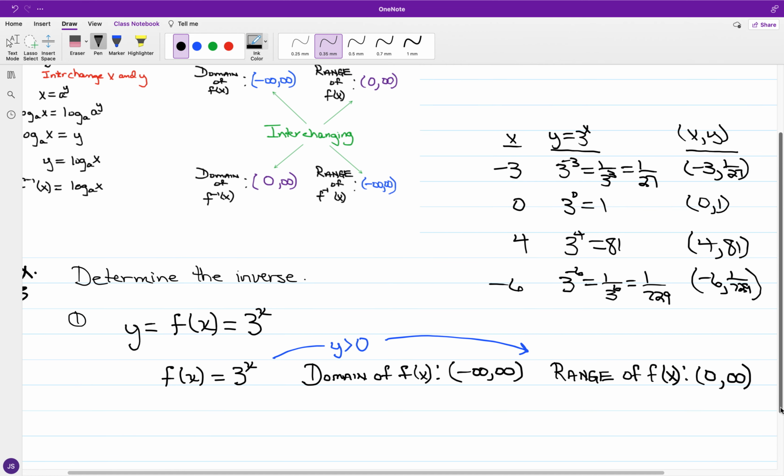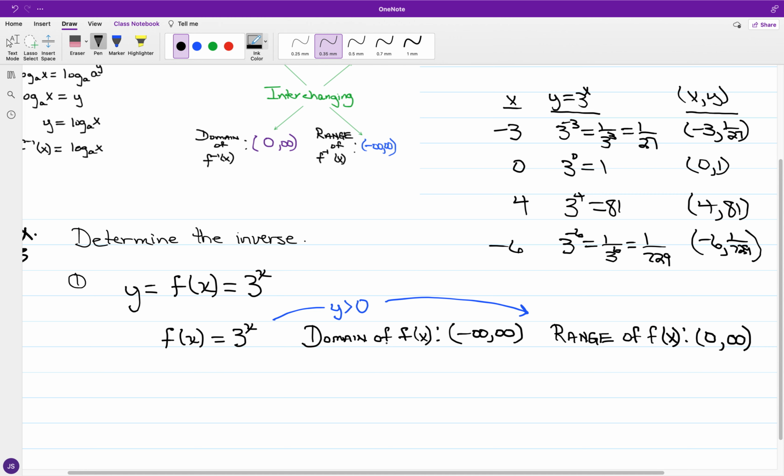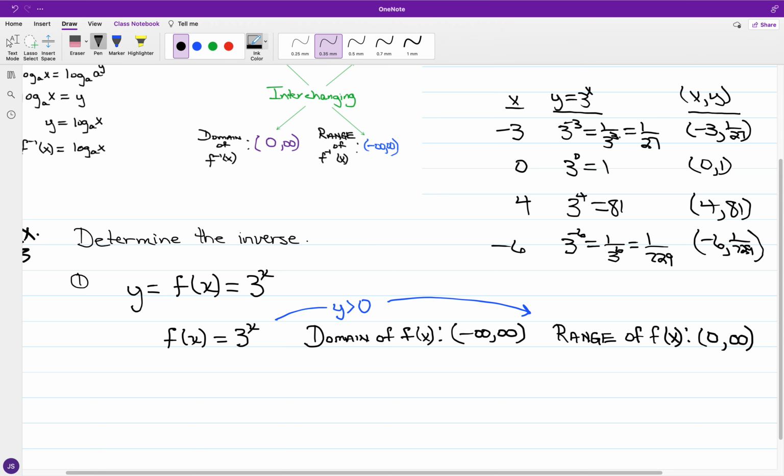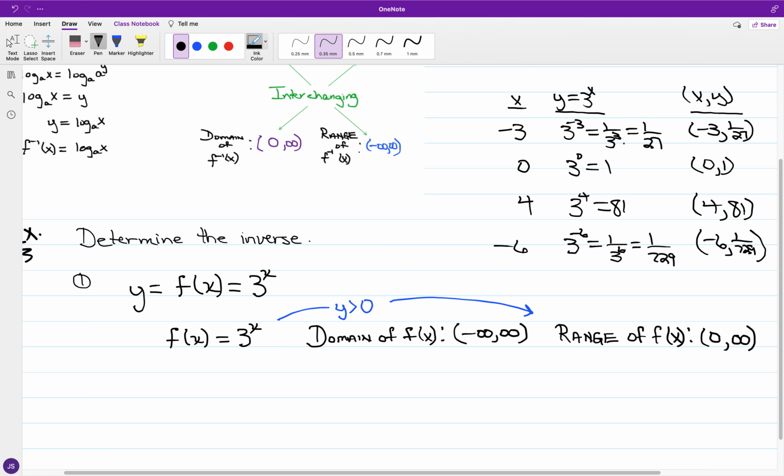So the domain, what you're plugging in for x, could be any negative, 0, or positive value. And the output y, regardless of how negative or how positive you make x, is still going to come out to a positive value. In the case of negative values for x, your y is going to be a very small positive value, but it's still going to be a number greater than 0.